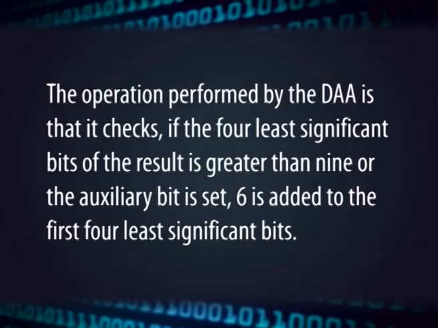When the DAA instruction is executed after the add instruction, it adjusts the result and brings it into BCD format. The operation performed by DAA is that it checks if the 4 least significant bits of the result are greater than 9 or the auxiliary flag is set, and then 6 is added to those 4 least significant bits.